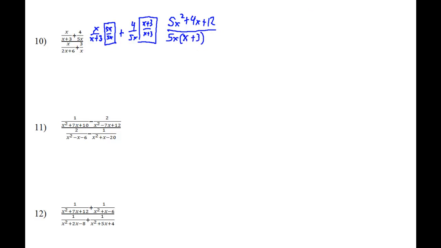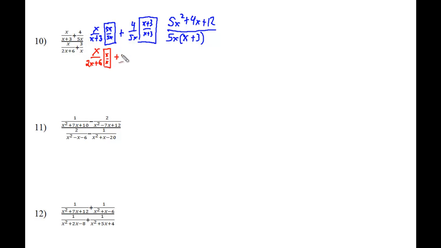Let me switch to my fraction down below. So in red, my common denominator between these two is going to be x times 2x plus 6. So my first fraction, x over 2x plus 6, is going to get multiplied by x over x.